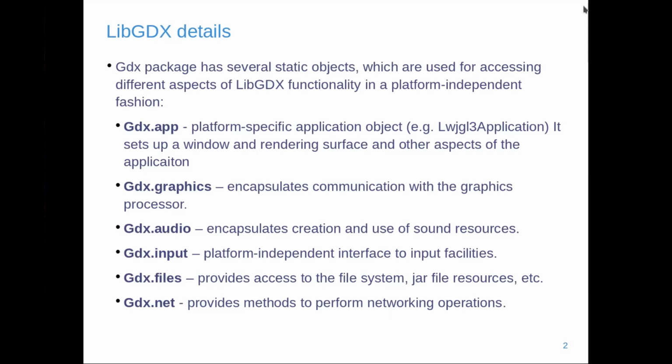So if you write in your program gdx.app, that's a reference to the application that's currently running. And if you are on the desktop, it would be the LWJGL3 application instance.